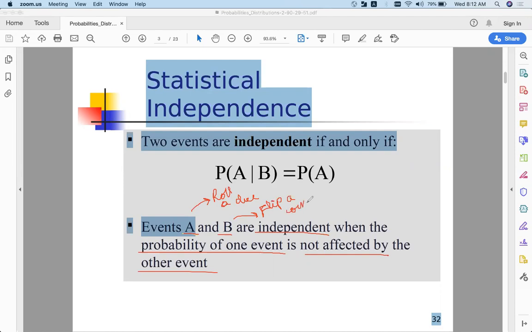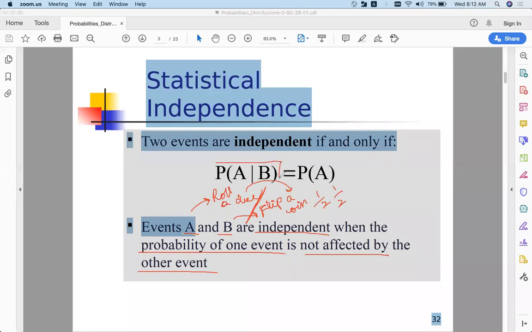Now, by rolling the dice in the beginning, will it have any effect on flipping the coin? No, right? Because they're independent. The probability of flipping a coin, heads and tails, is always 1/2 and 1/2. If you roll a dice 2 times, 3 times, 100 times, it doesn't have any effect on flipping a coin. So that's what they're explaining here.